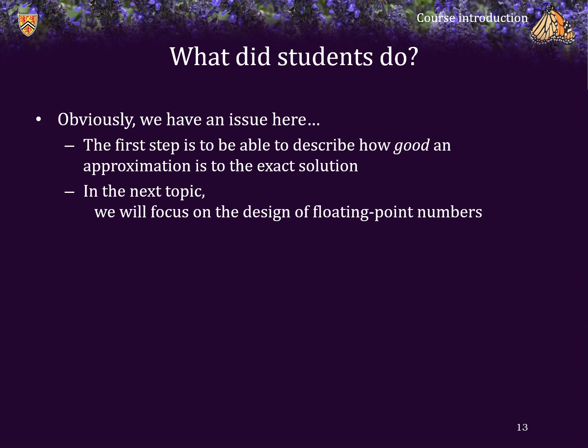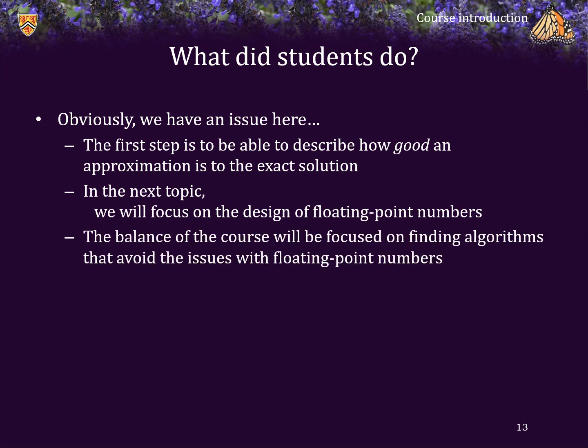Some are beneficial, some have serious problems that we must address while using floating point numbers. The balance of the course will be focused on finding algorithms, specifically numerical algorithms, that avoid the issues with floating point numbers or mitigate the problems of using them.